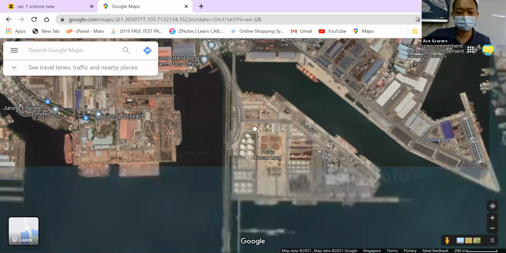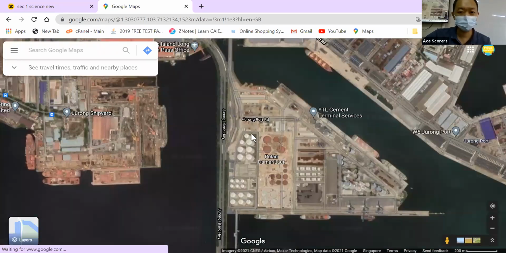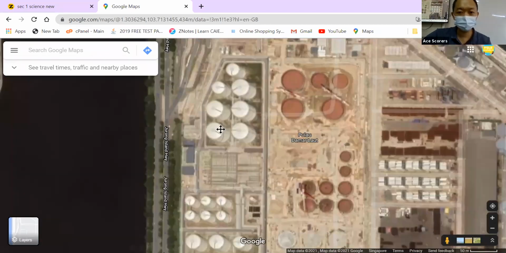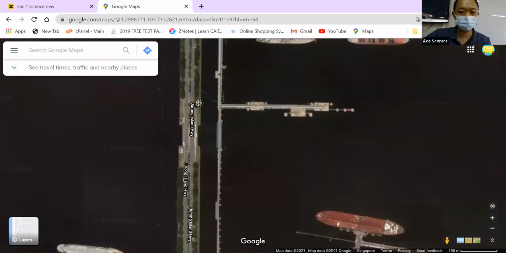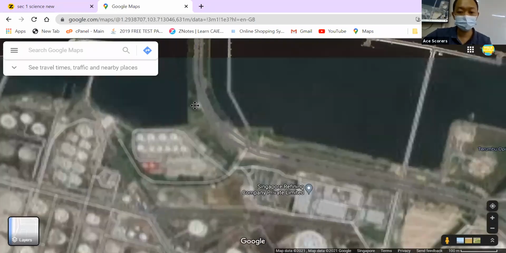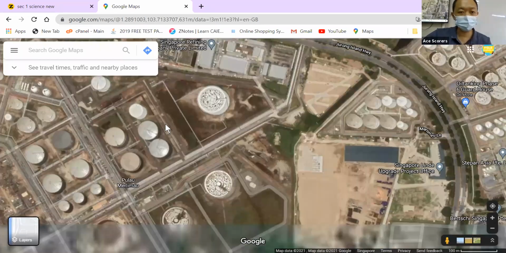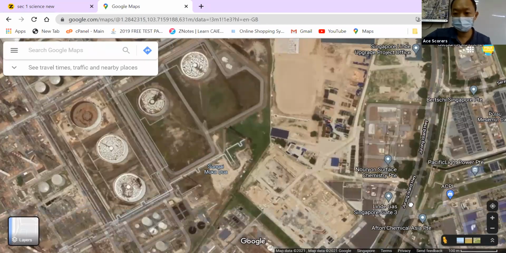If you zoom in all the way, maybe you can see it. Yeah, this is all we see. Jurong Highway. All this is to store the petrochemical. All the storage. I see so much of this.